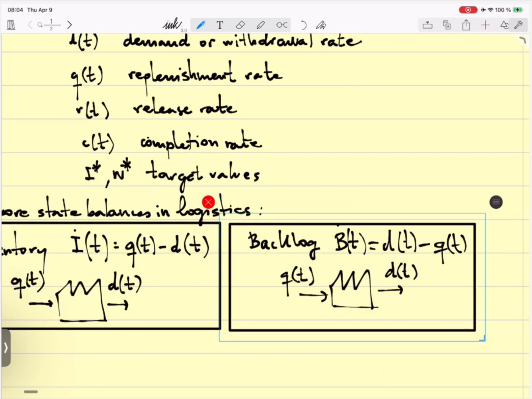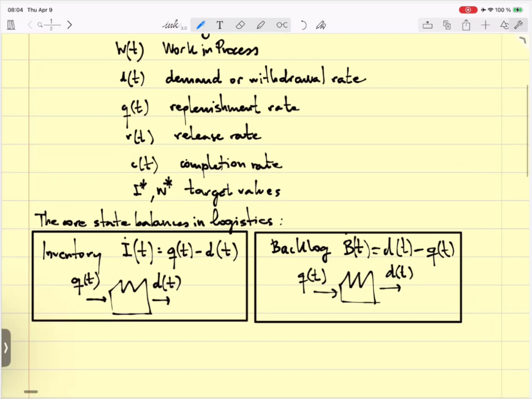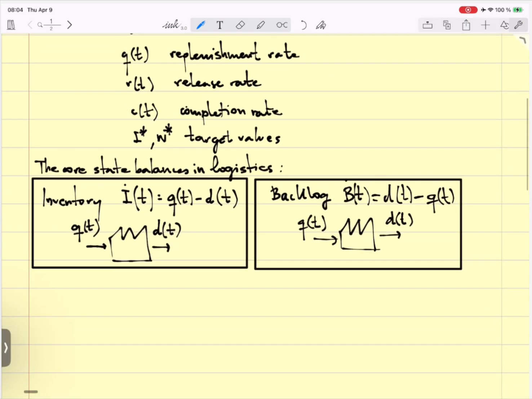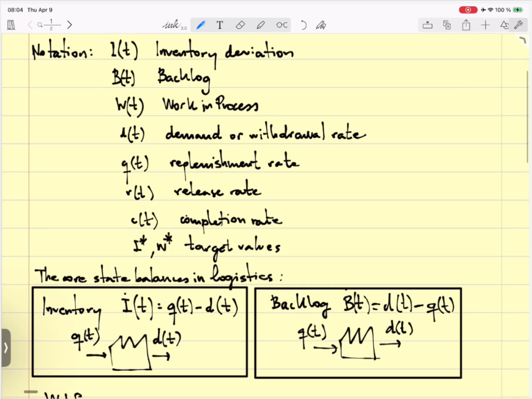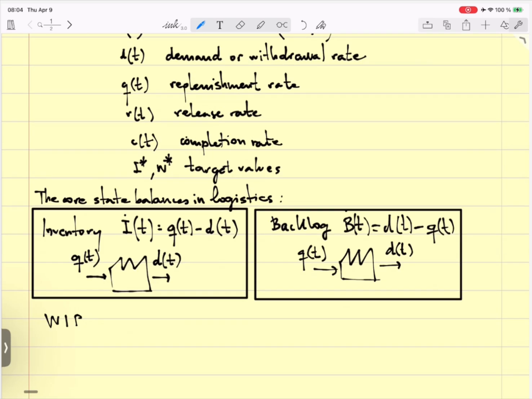And the third one is the work in process, or WIP. We also call it WIP, work in process, which is going to be W with a point, the first derivative, equal to the release rate minus the completion rate.